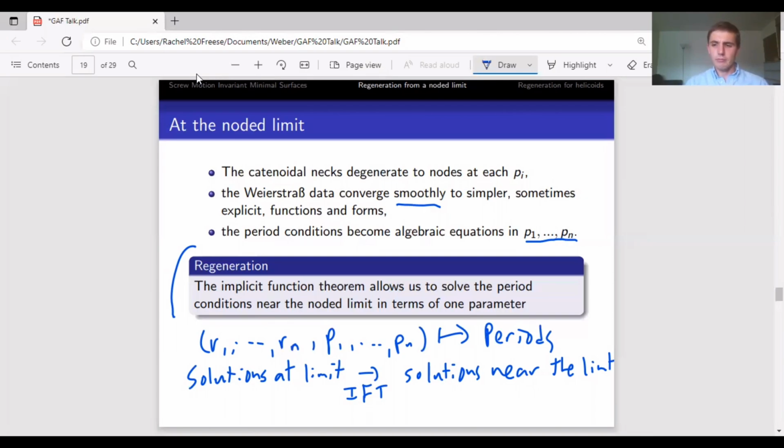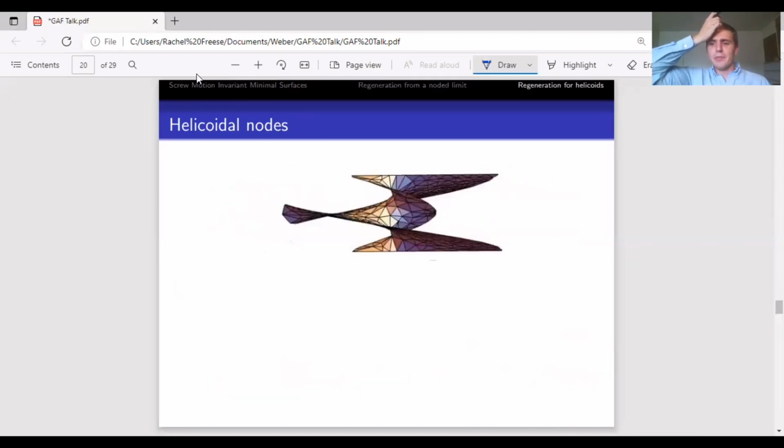So it's a lot easier to visualize catenoidal necks and kind of gluing two annuli together to get that, right? But it's actually the same thing, in a much harder to see way with helicoids, right? So here's what a helicoidal node would look like.